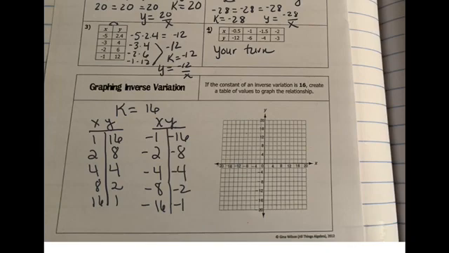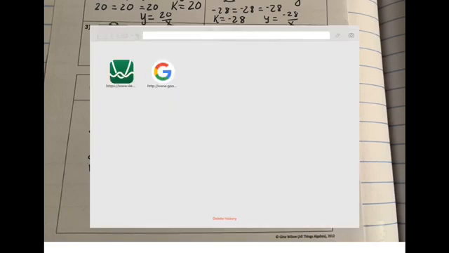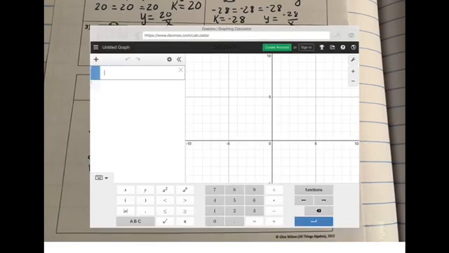So let's go ahead and flip over to Desmos. And what we want to do is we want to look at the equation y equals 16 over x. So as we go to Desmos and we type in our equation, y equals 16 divided by x, you can see that we get an inverse variation graph.